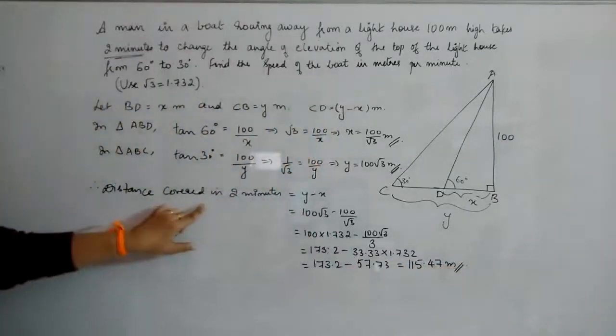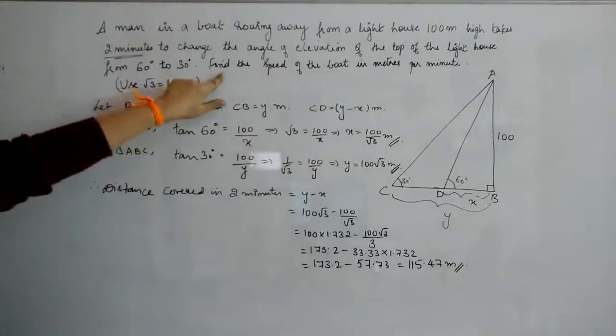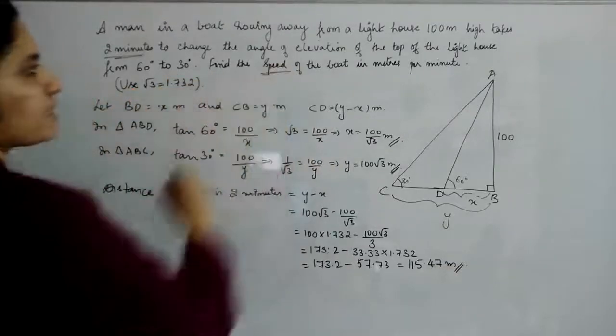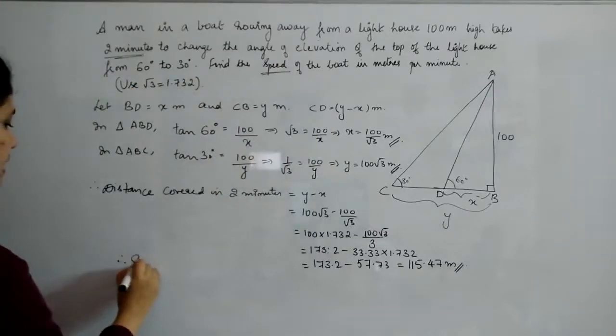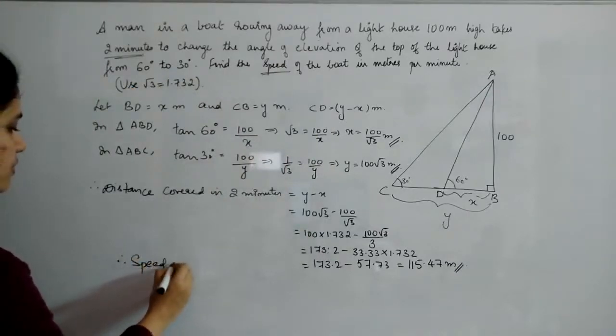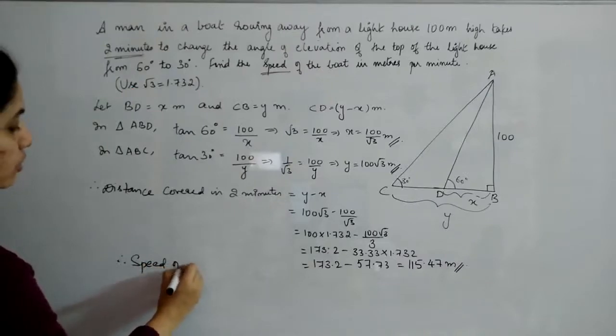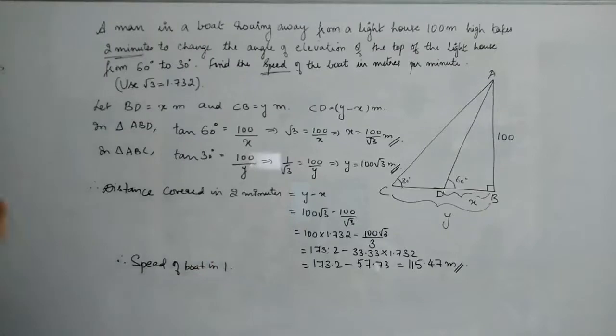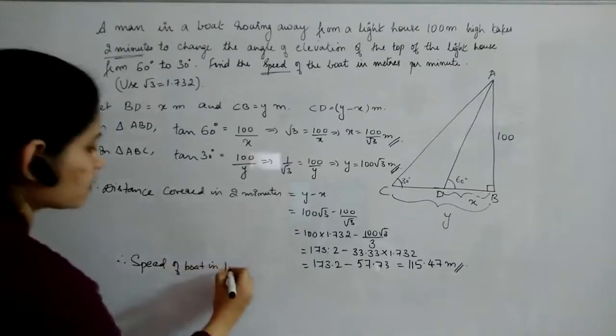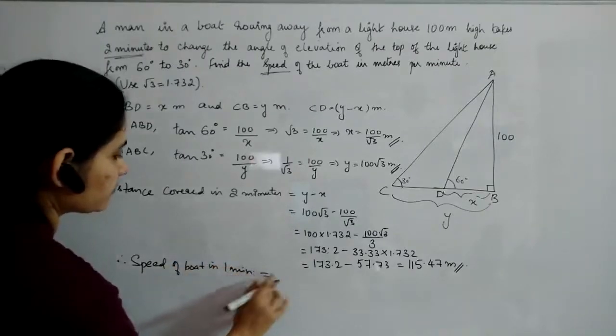This is the distance. Now what you need to find out is speed. Speed is equal to distance by time. Therefore, you need to find the speed of the boat in 1 minute, or in meters per minute.